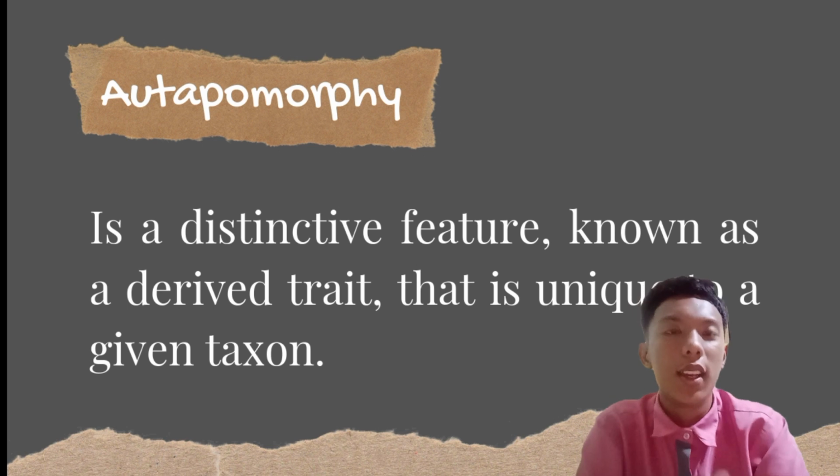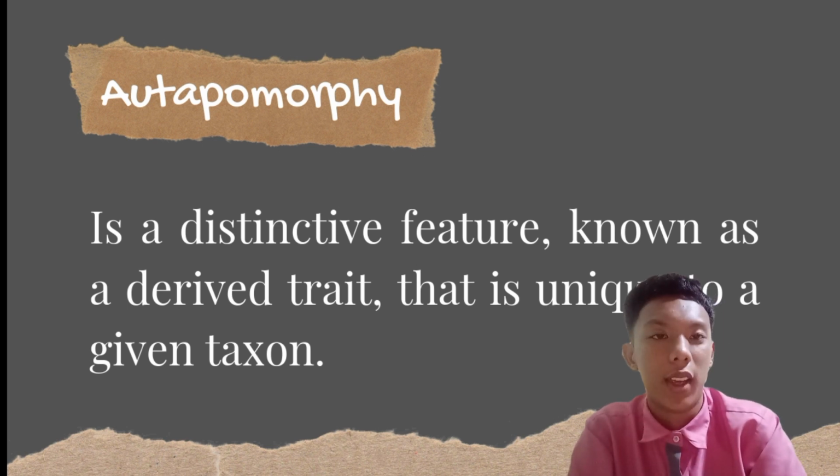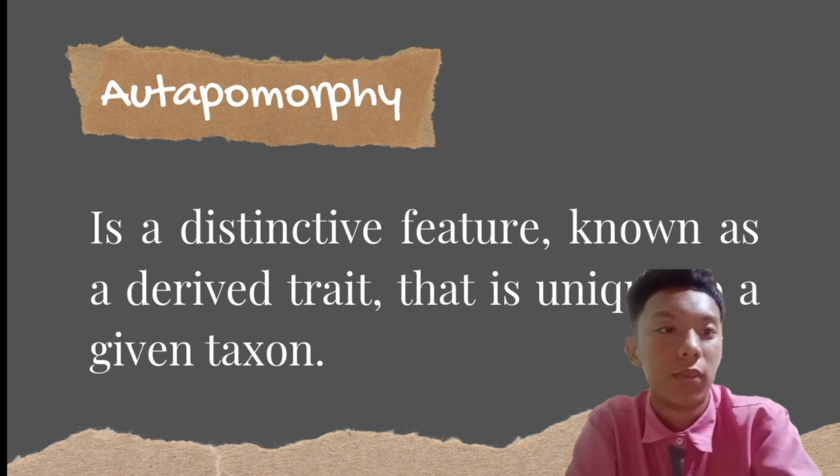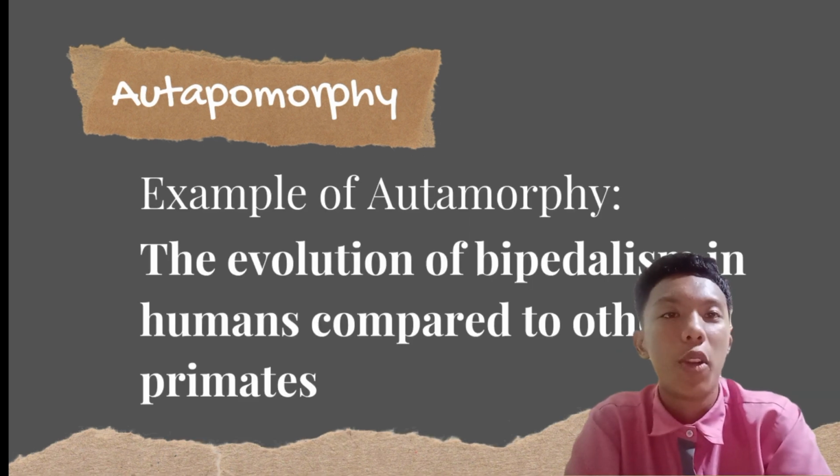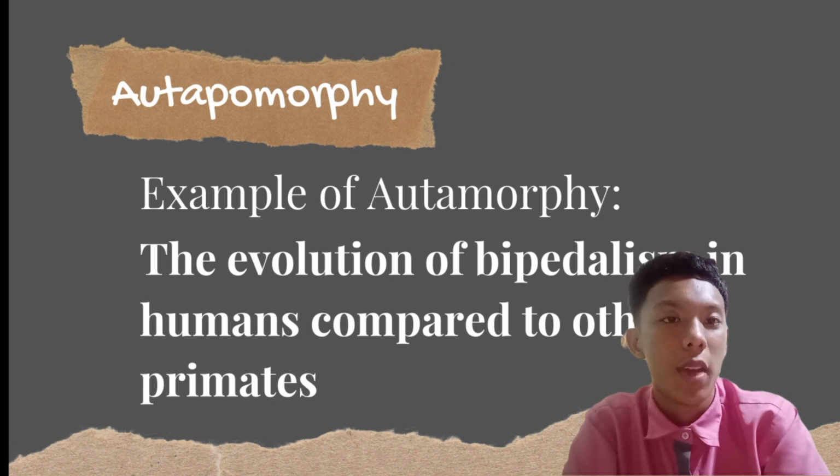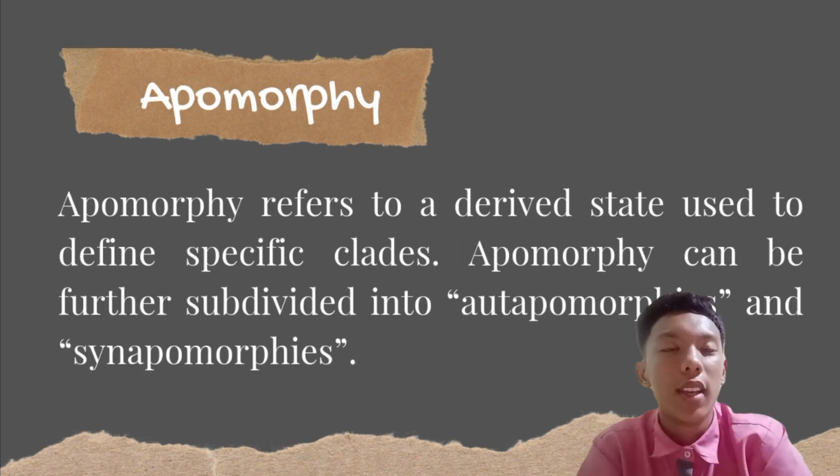The next is autapomorphy. Autapomorphy is a distinctive feature, known as a derived trait, that is unique to a given taxon. An example of autapomorphy is the evolution of bipedalism in humans compared to other primates. Next is apomorphy.